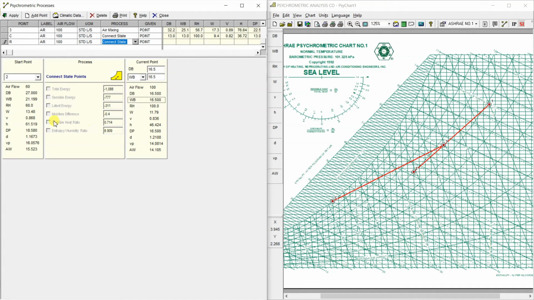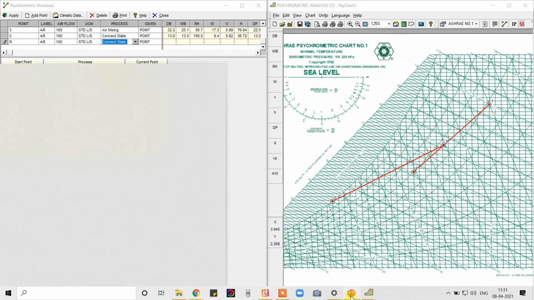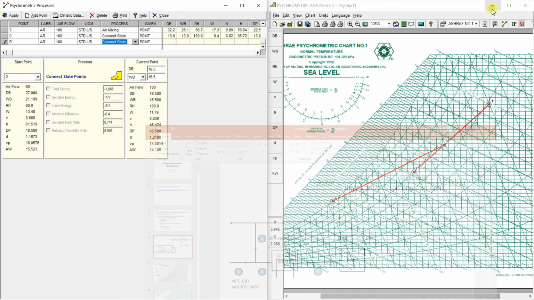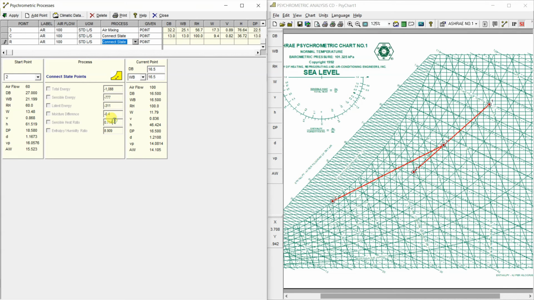Now I am getting this room sensible heat factor as 0.714, and that is the room sensible heat factor which is given here. Now since this room sensible heat factor is matched, I can apply and create this point. So we have completed with this numerical.